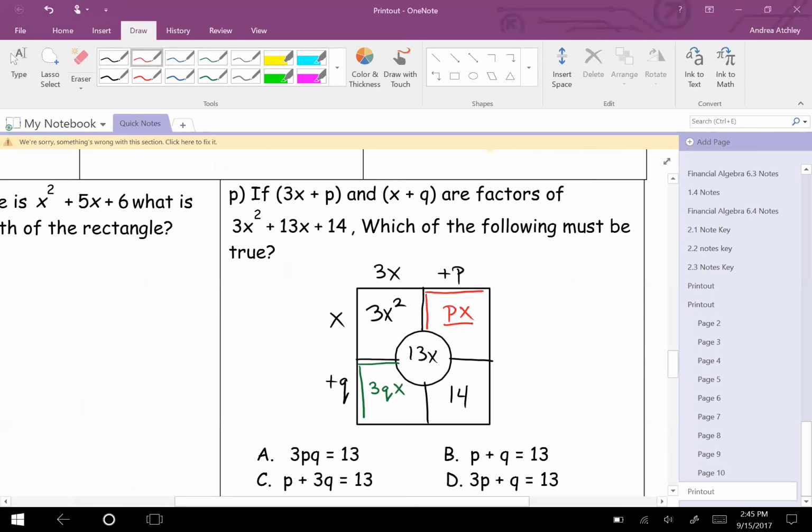These two, px plus 3qx, should combine to get that middle term of 13x.